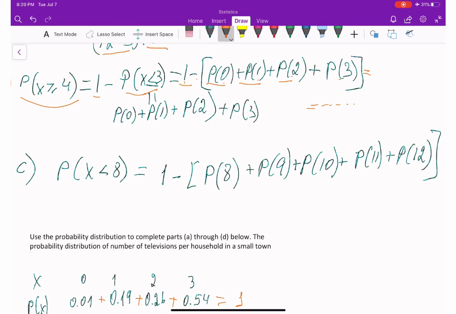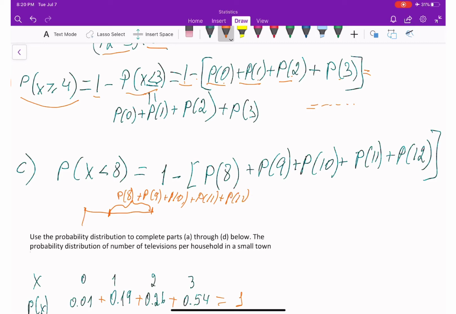Or I can get 8, 9, 10, 11, 12, and subtract from 1, just like I was telling you in the previous one. If this is my 8, and I can find out this 8, which is going to be probability of 8 plus probability of 9, probability of 10, probability of 11, probability of 12.